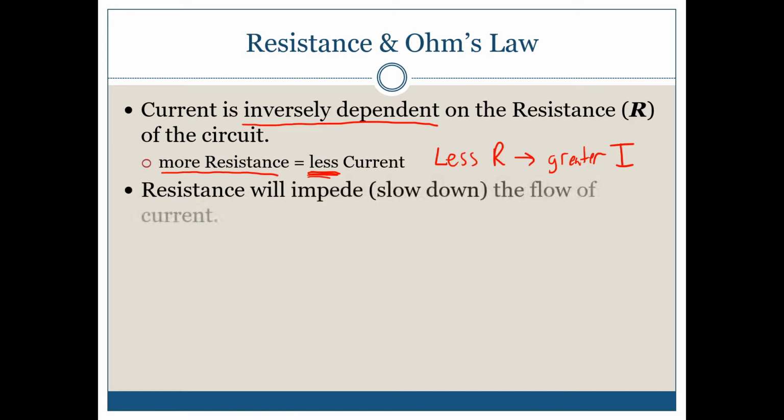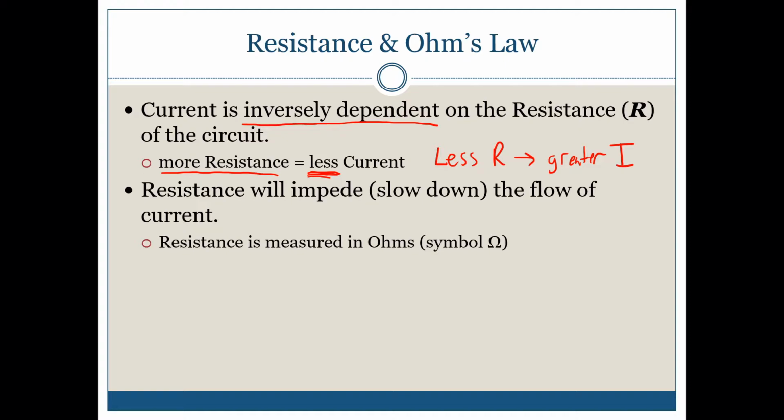So resistance will impede the flow of current. That's not to say resistance will stop current, although if the resistance is high enough, current will be reduced to basically zero. But in general, resistance will just slow down or impede the flow of current.